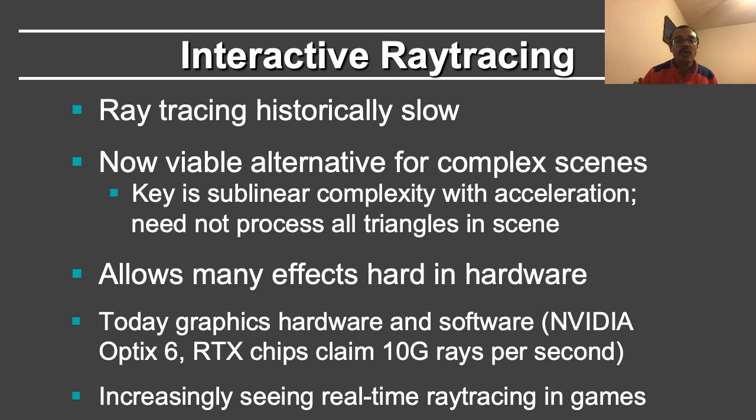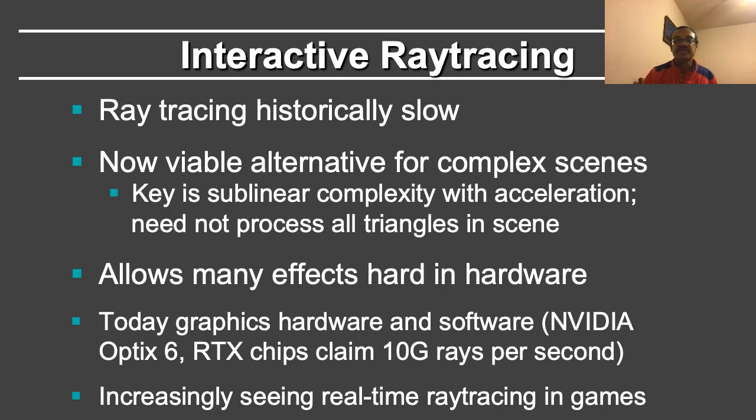Moreover, ray tracing automatically gives you realistic shading effects, and it allows many effects that would be difficult to do in OpenGL, such as soft shadows, reflections, interreflections. But even in standard ray tracing, we can do reflections, refractions, shadows, which are difficult to do in OpenGL.